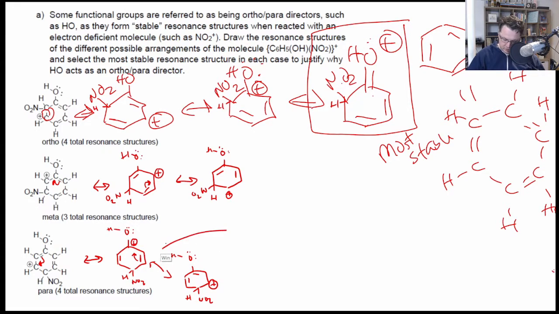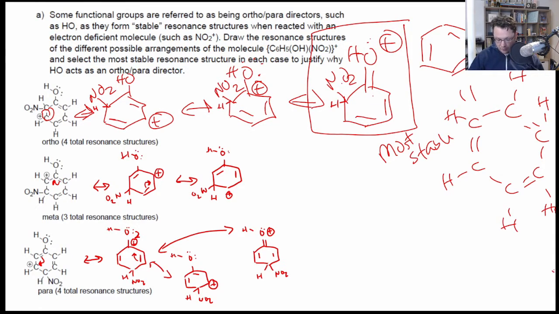Or, you can do a resonance structure where the lone pair from that oxygen moves in and forms a double bond with that carbon that previously had the positive charge, and moves the positive charge onto the oxygen.